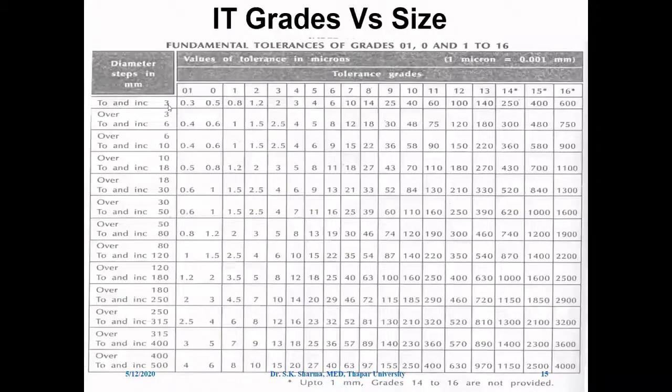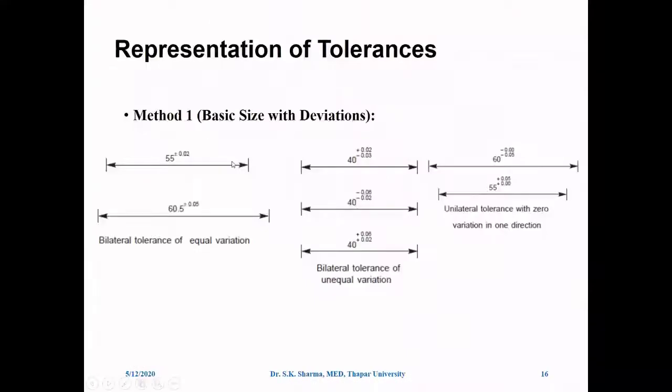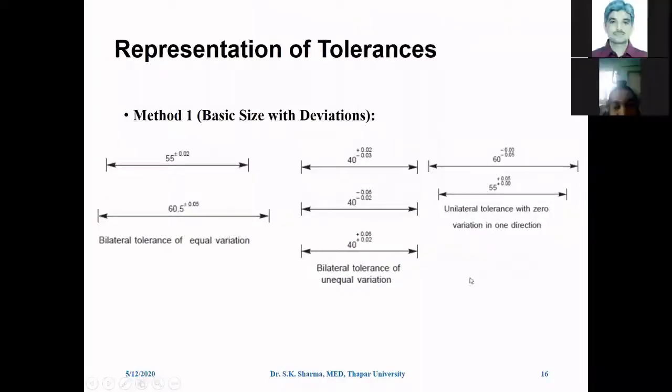As the size of the dimension increases as you move down, for a given tolerance grade, let us say number 9, you can see the tolerance value in microns is increasing. It is increasing from 25 to 30 to 36 and so on, right? We also discussed this, and then we also had a discussion around how we represent these tolerances in our drawing.